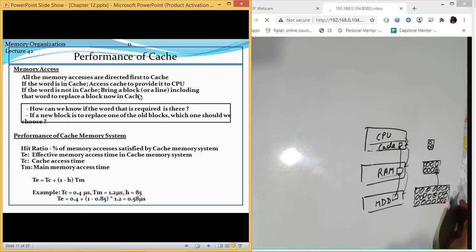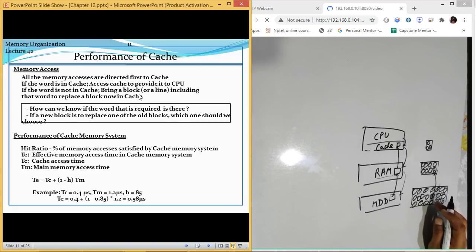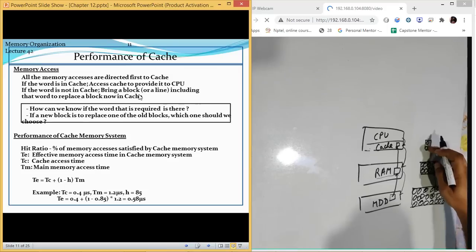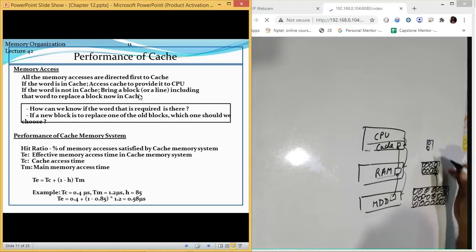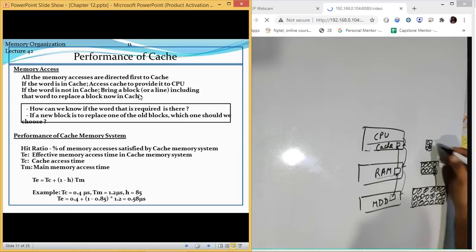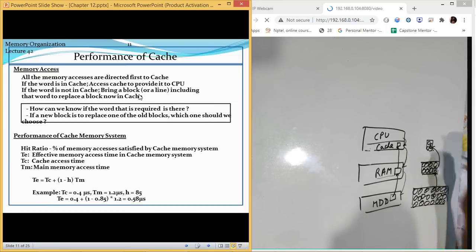So we are going to replace this content with A. Then the cache is already filled, so we need to replace a certain block of data and then shift the data from RAM to cache. So this process happens. We need to shift the data from one type of memory to another and then it is accessed.